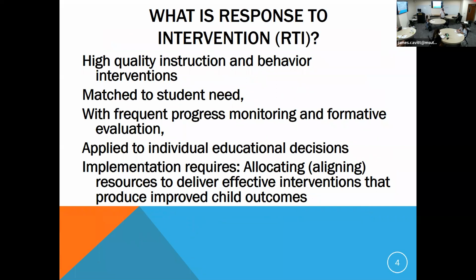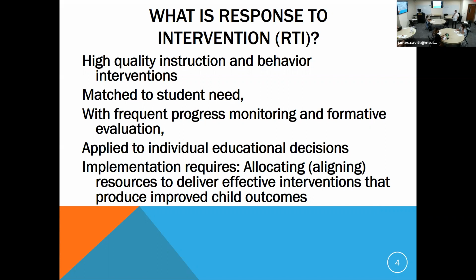Okay, so what is response to intervention? It is a high quality, scientifically based intervention process. When I throw out the term scientifically based, what does that mean to you? You've heard that before, haven't you, in some of your other classes, that all your instruction must be scientifically based?